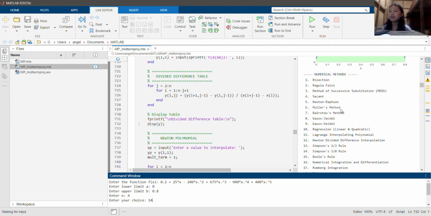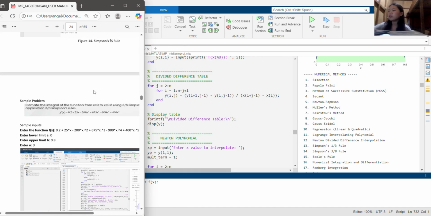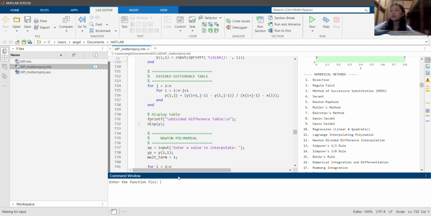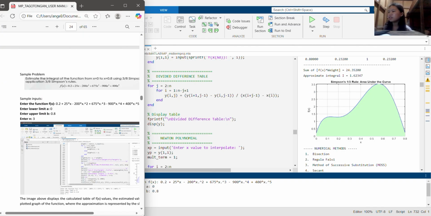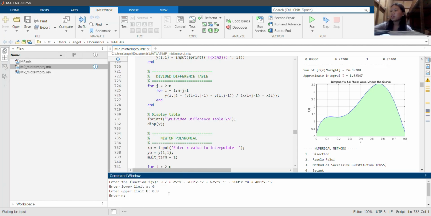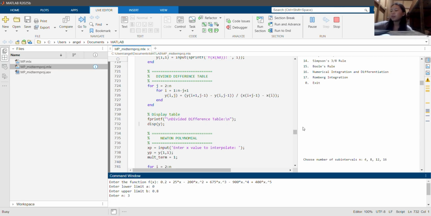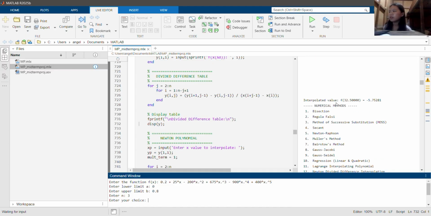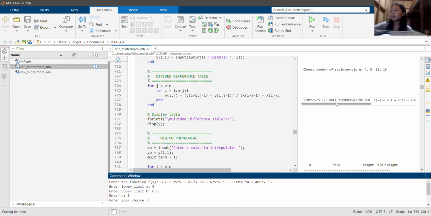Next is Simpson's 3/8 rule, which is number 14 in the numerical methods menu. We're going to enter our function, which is the same as we have, and also the same lower and upper limit. But n is 3.